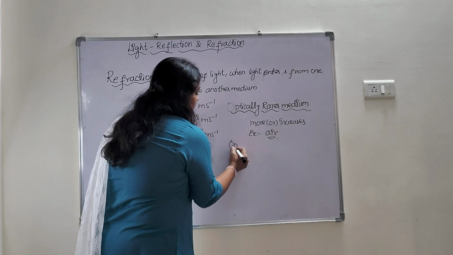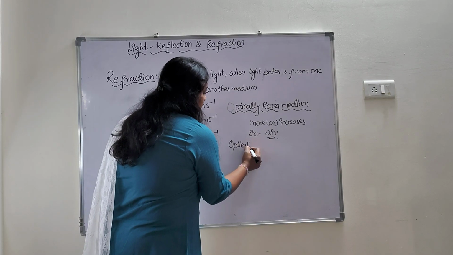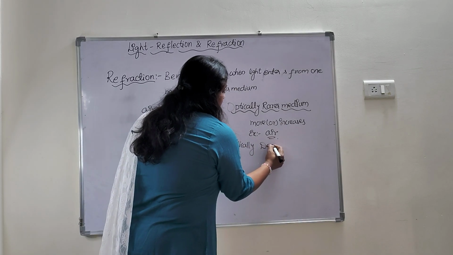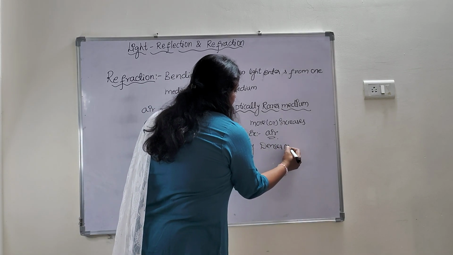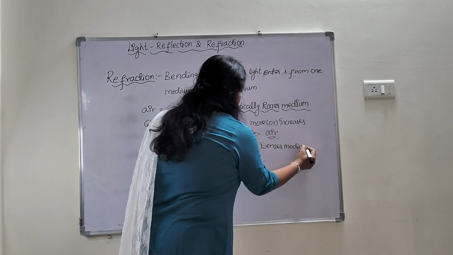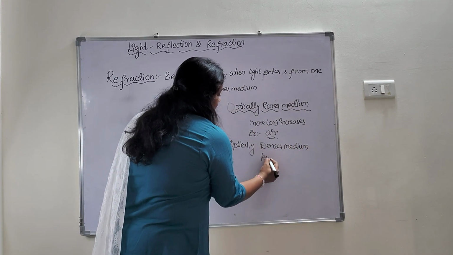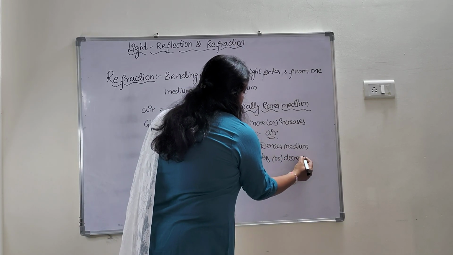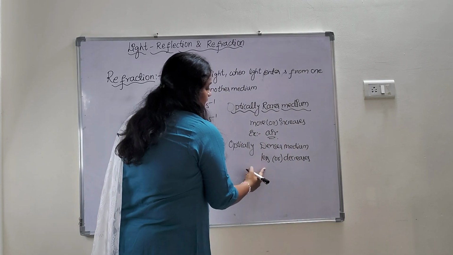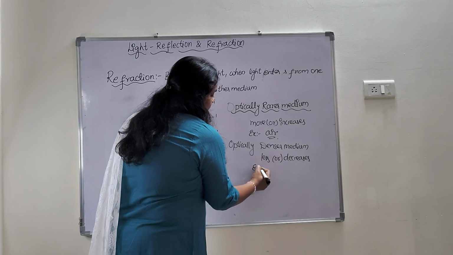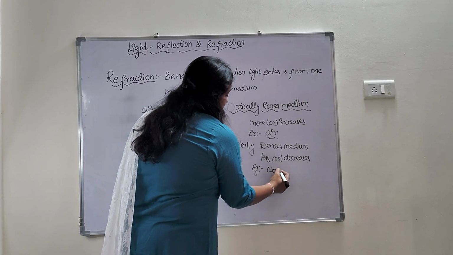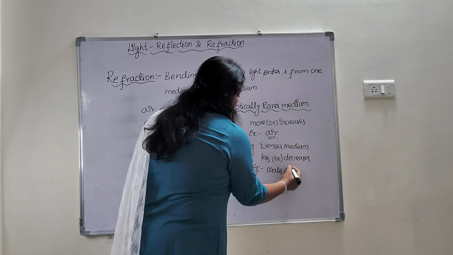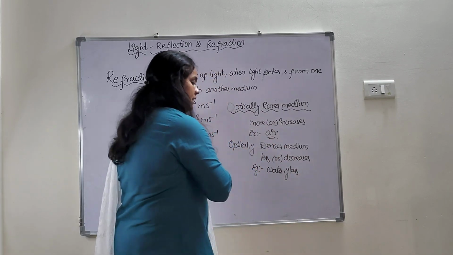Next we will discuss optically denser medium. In this medium, the speed of light will be less, or decreases. Example, water, or glass.